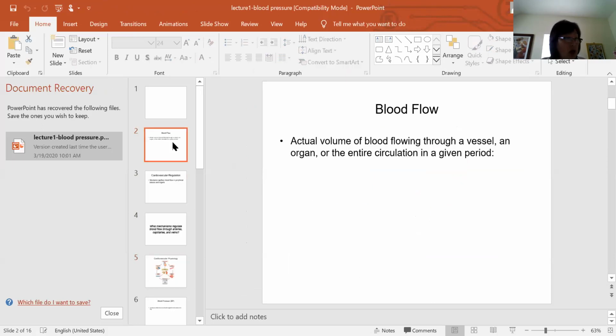Okay. So we're talking about the blood flow and the blood pressure regulation. The materials are in your book from page 714 to page 723.